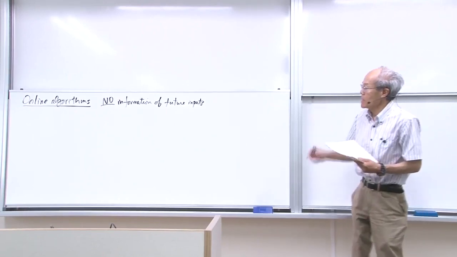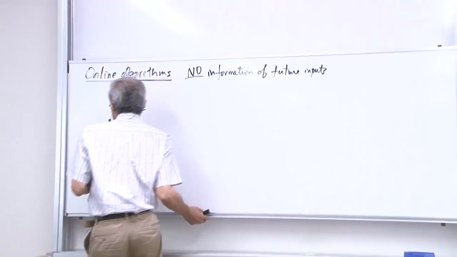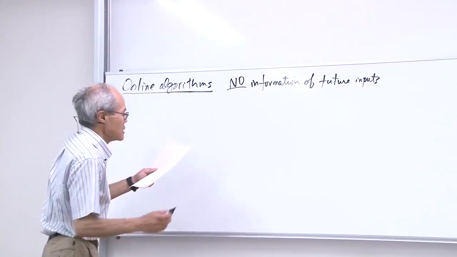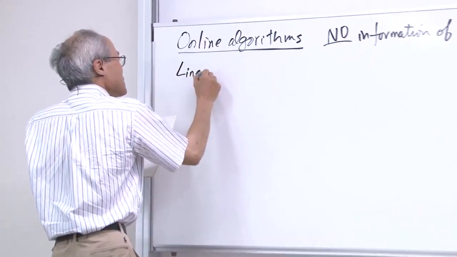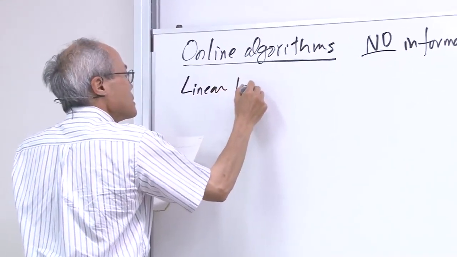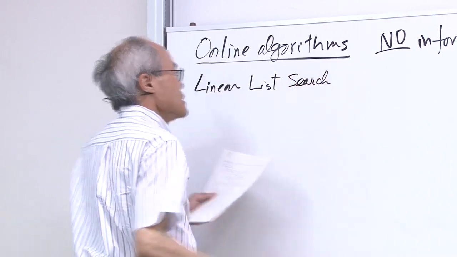That is the idea of online algorithms. I already studied one important example, that is linear search.